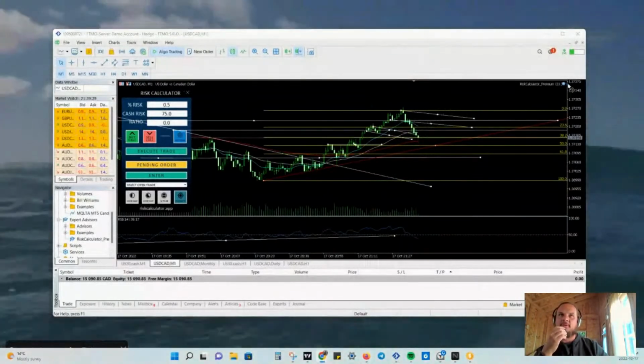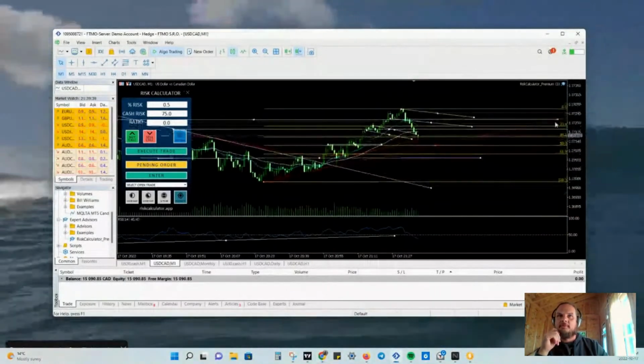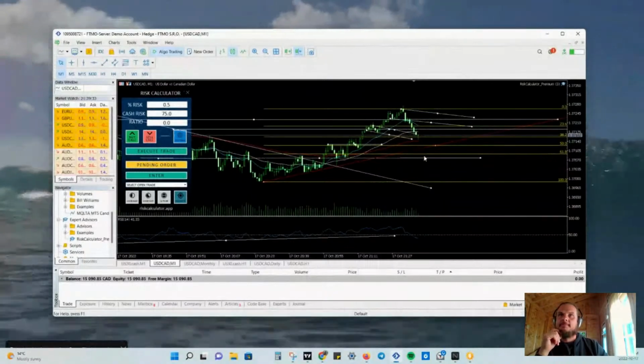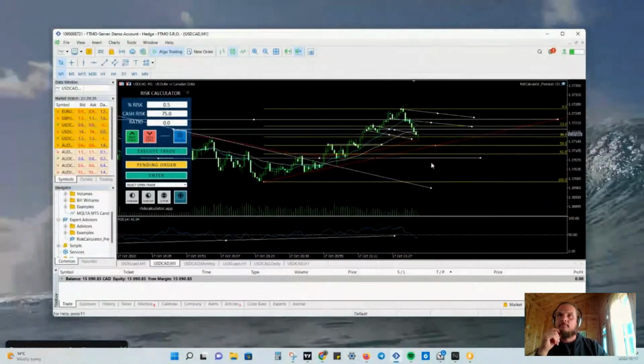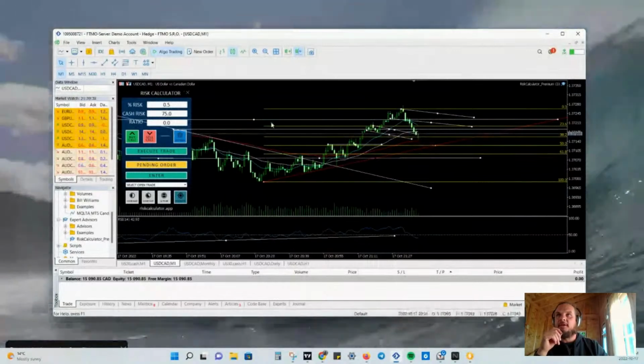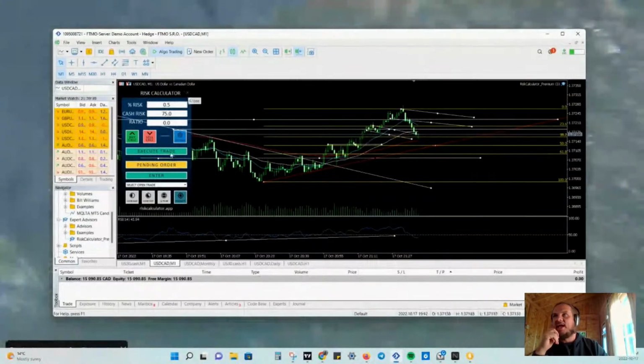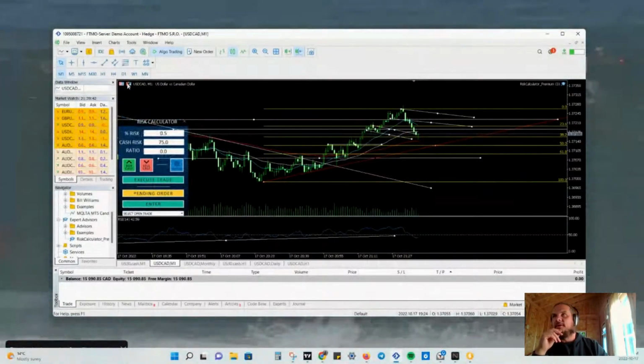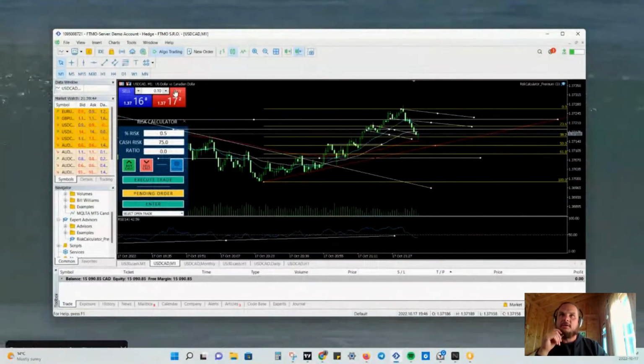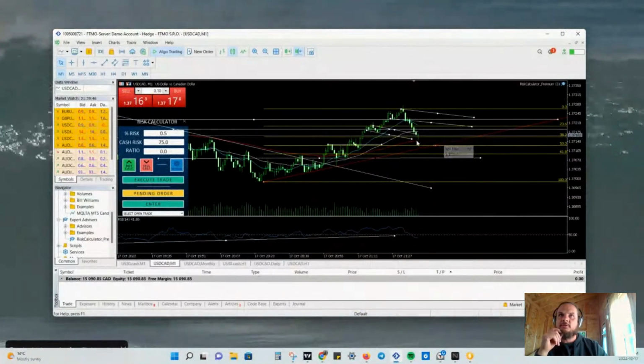Probably gonna bounce off here and go to the moon. I mean, that's another play. I could take a small. I'm not gonna do a big one on that, but a small buy off this 382.